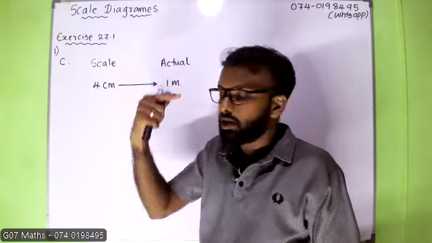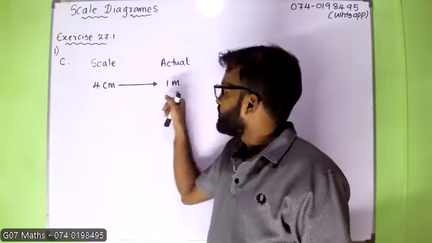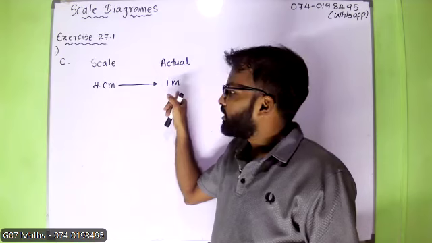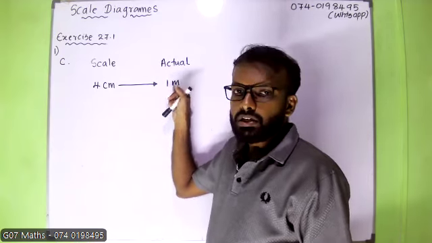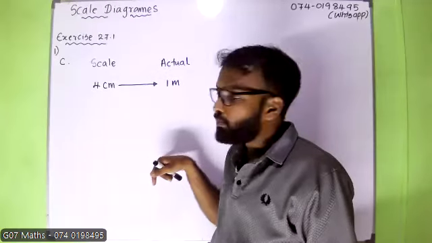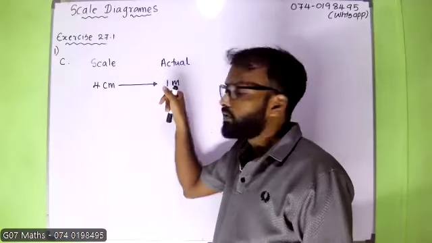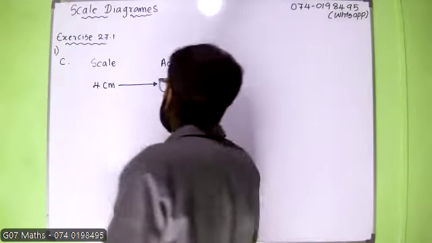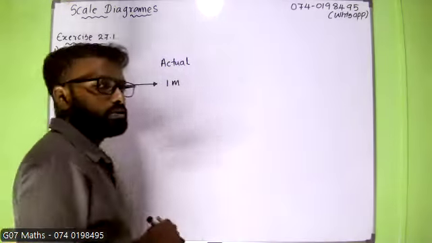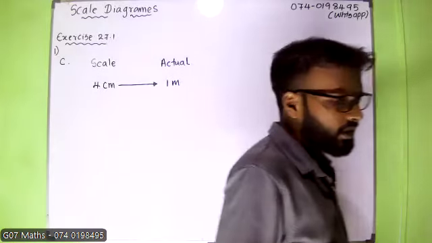Keep that in your mind. So Aya is meter, so meter needs to be converted into Malli. Malli means centimeter. So I am going to convert this meter into centimeter. You know 1 meter includes 100 centimeters.